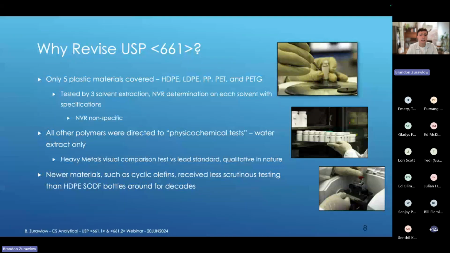And so, similar to the point that I made on the last slide, what we wound up with in the case of USP 661 specifically was that newer materials such as cyclic olefins, novel packaging types, novel packaging applications actually received less scrutinous testing than a high density polyethylene bottle for a solid oral dosage form that's been around, used, and well characterized for decades.